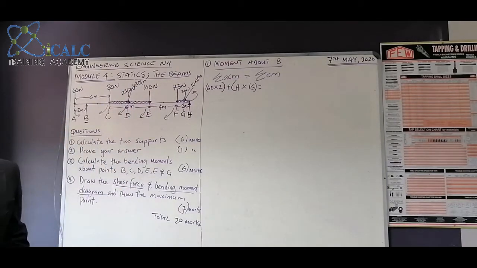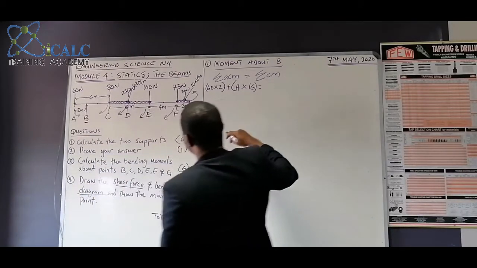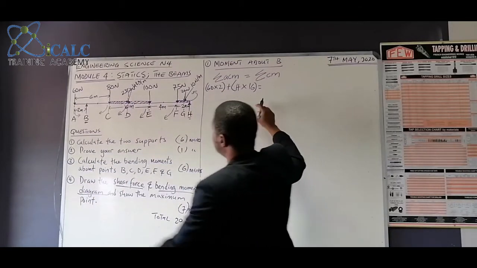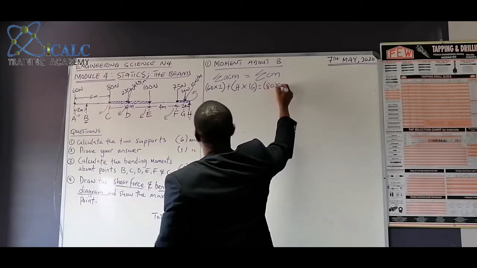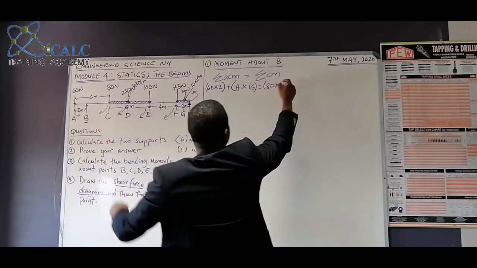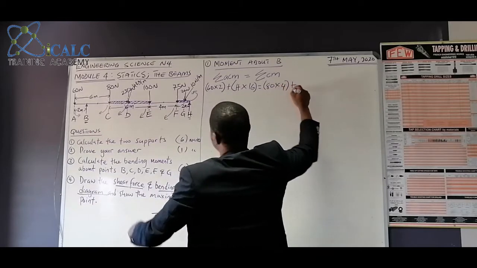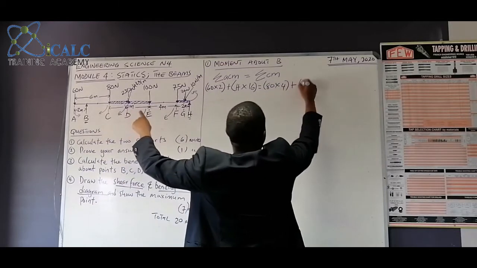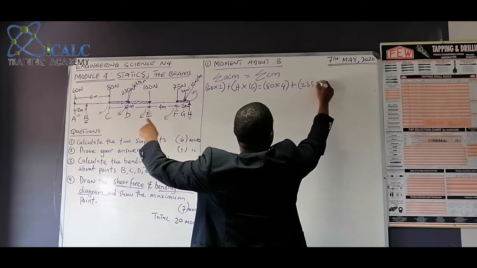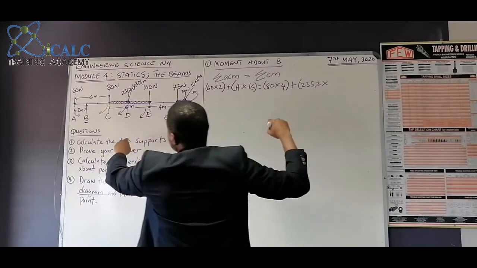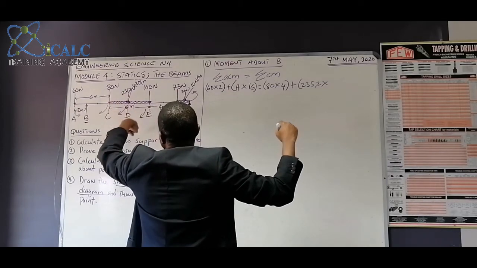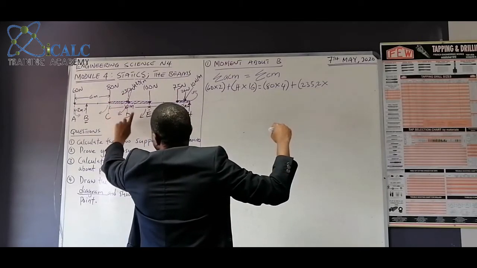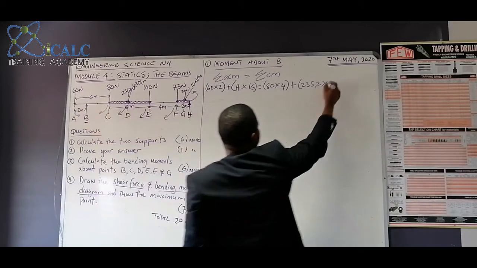Okay, and then we go ahead for the clockwise. We have 80 multiplied by 4 plus 235.2 multiplied by, from here to here is 3 because it's acting at the center. 3 plus 4 will be 7.